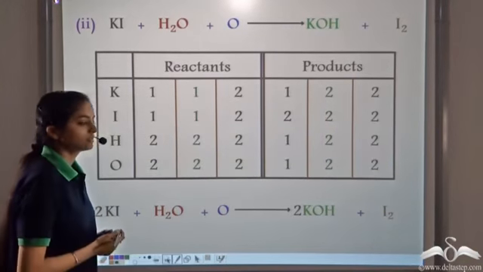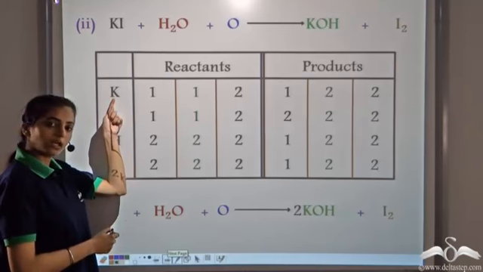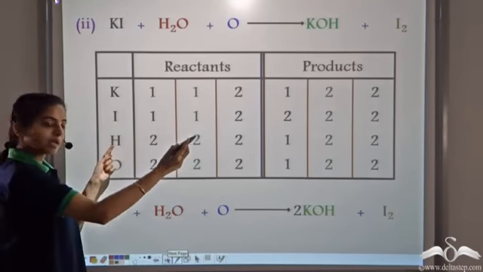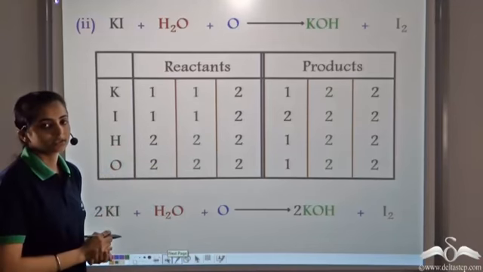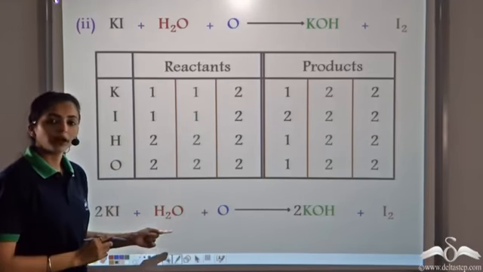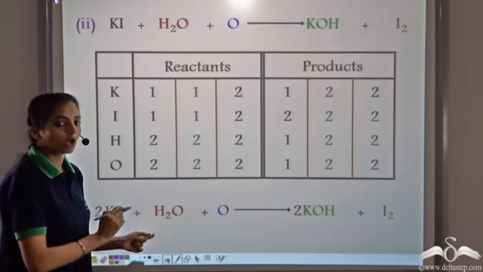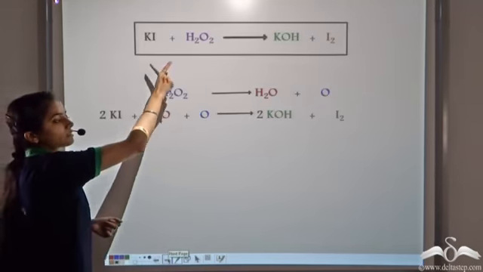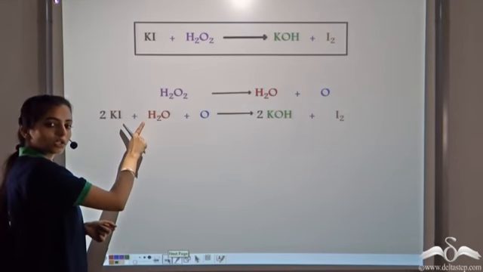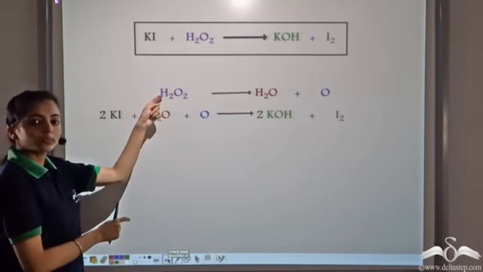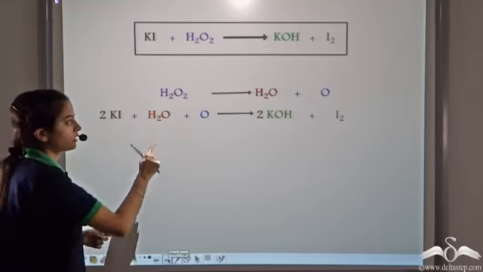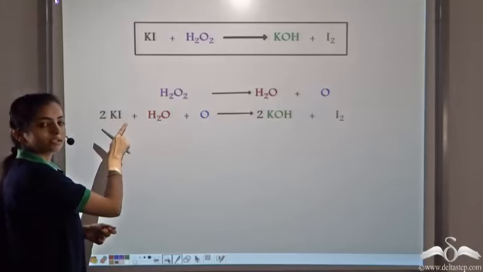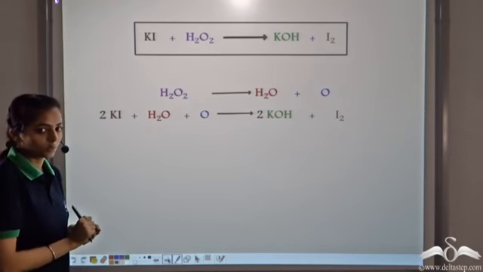So we see that now potassium atoms are balanced, iodine atoms are balanced, hydrogen atoms are balanced, and oxygen atoms are balanced. So this is the second partial chemical equation which is now balanced. Now we'll write the 2 partial equations. So this reaction is the result of these 2 partial equations, and we write the 2 partial equations in the balanced form. So the first partial equation was already balanced, and this is the second balanced partial equation.